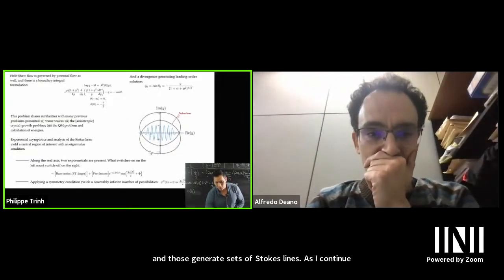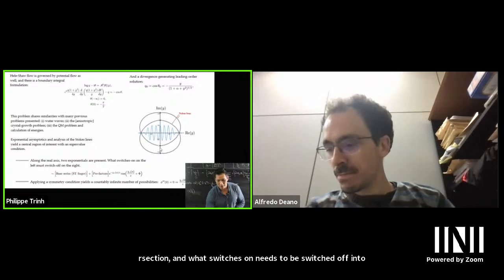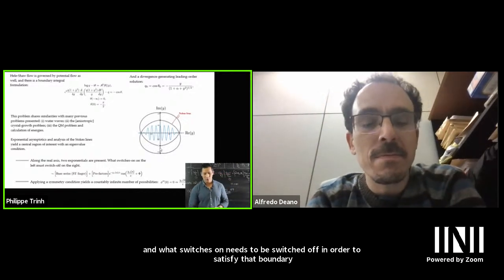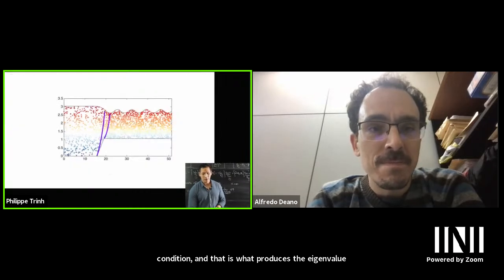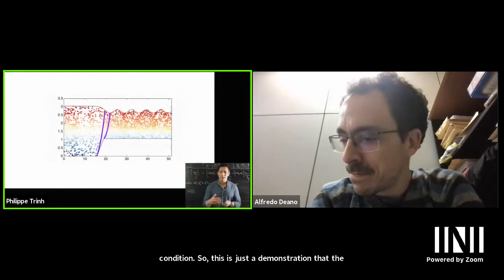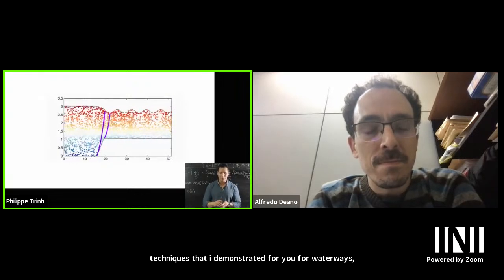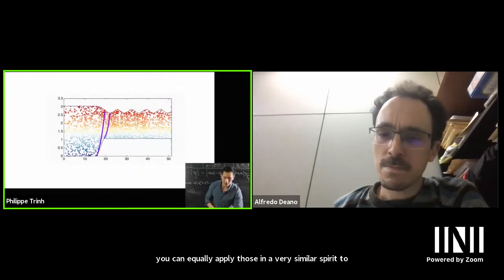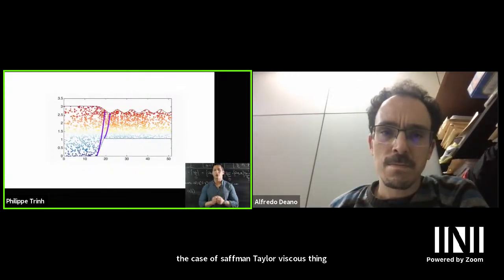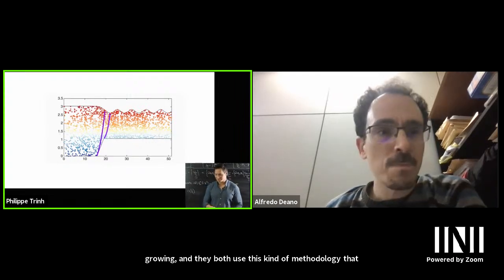As I continue from the left to the right, I switch on a wave at the first intersection, and what switches on needs to be switched off in order to satisfy that boundary condition, and that is what produces the eigenvalue condition. So this is just a demonstration that the techniques that I demonstrated for you for water waves, you can equally apply those in a very similar spirit to the case of Saffman-Taylor viscous fingering, and they both use this kind of methodology that were introduced in lecture 1. That's it. Thank you very much.